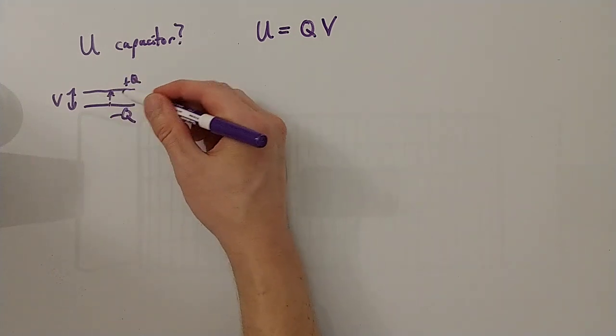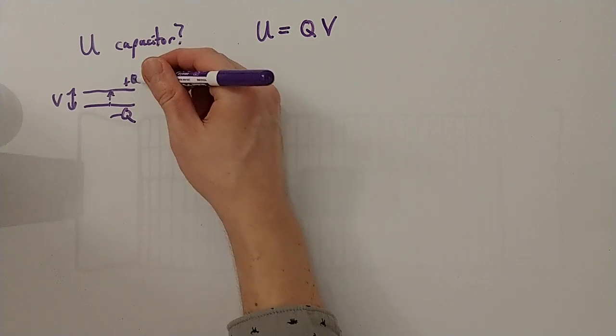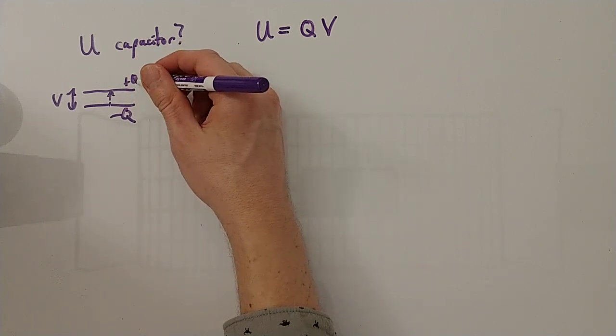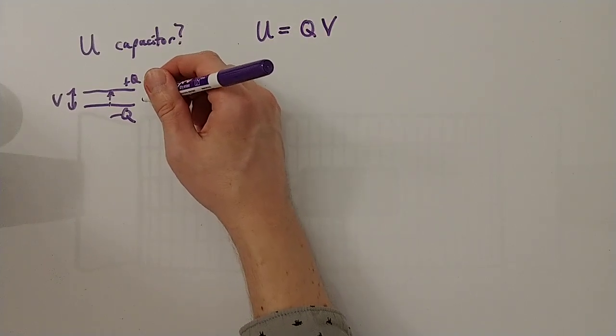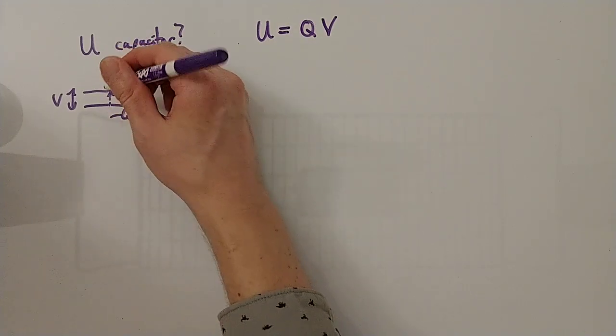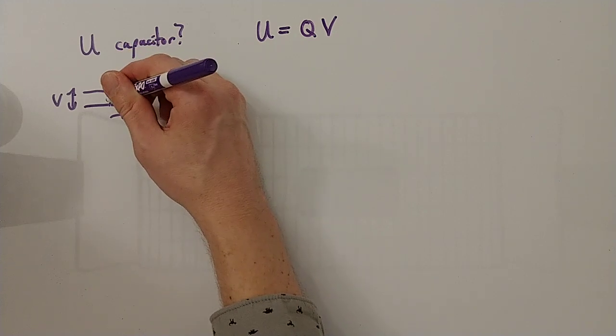So when we think about the potential, you have a bunch of Q up here that's at high potential and a bunch of Q here that's at zero potential. So when we write down this formula, you actually need the average potential, right?